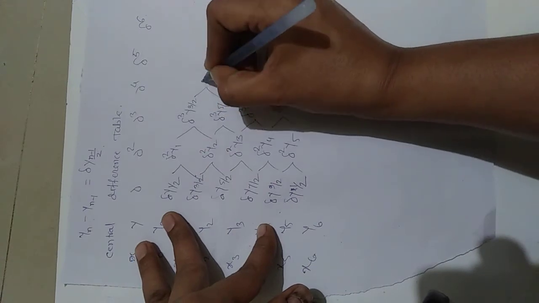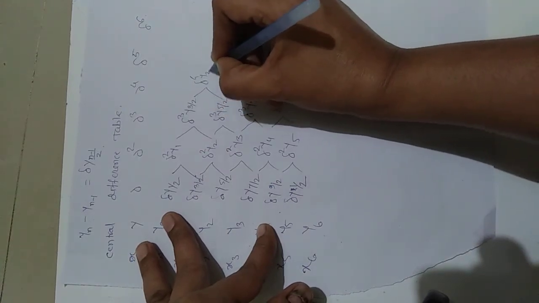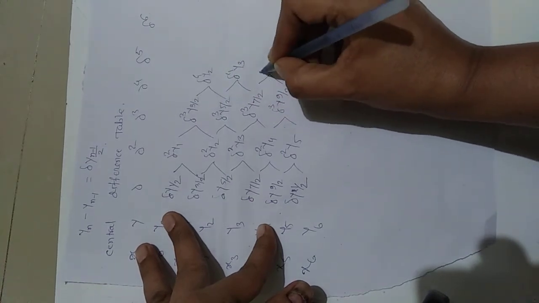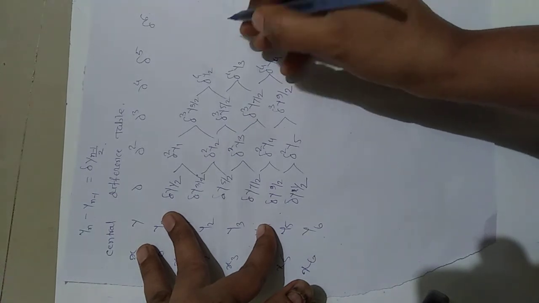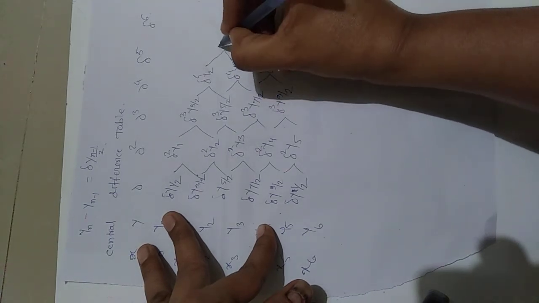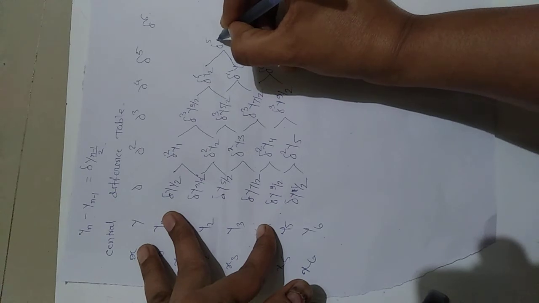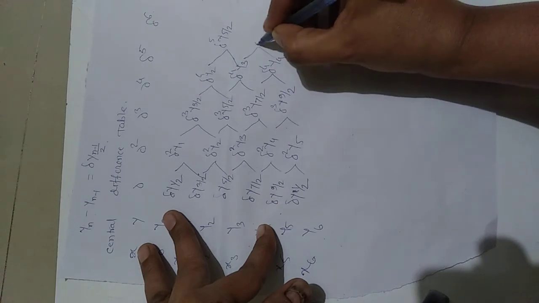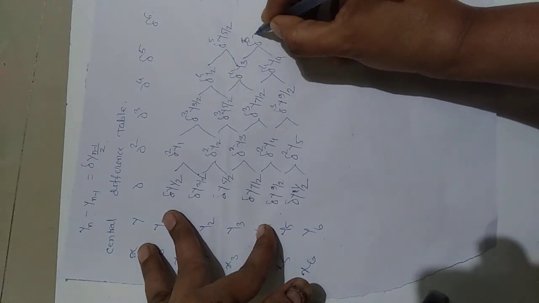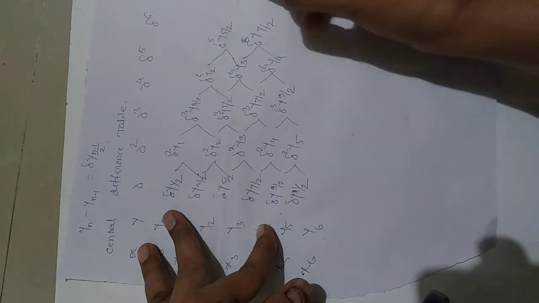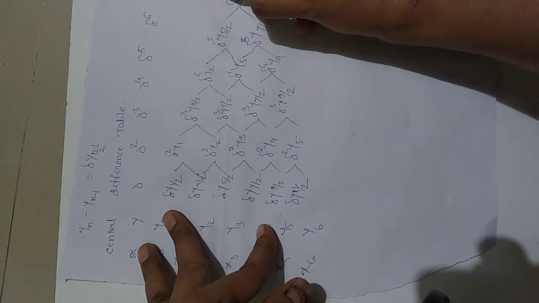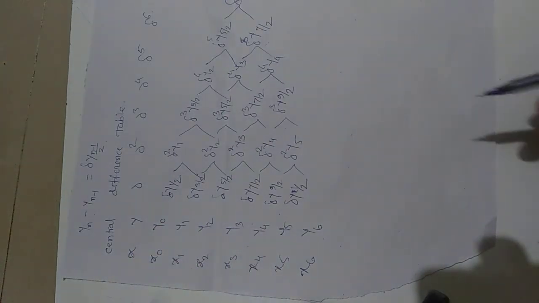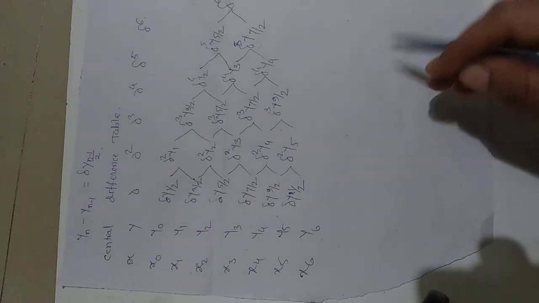And the difference between these two is del 4 y2, del 4 y3, and del 4 y4. The difference between these two is del 5 y5 by 2, del 5 y7 by 2, and the difference between these two is del 6 y3. This is the central difference table. Thank you.